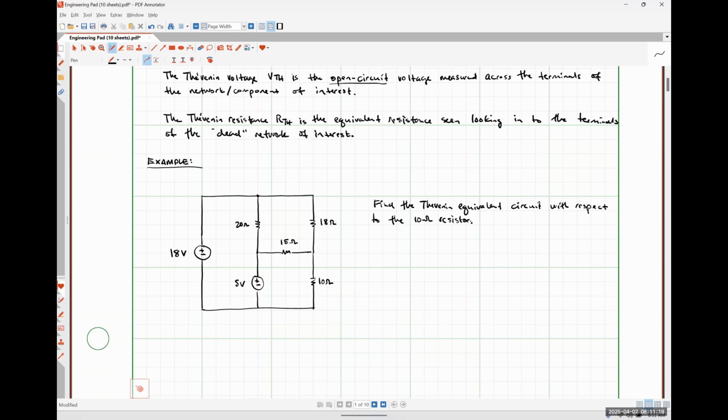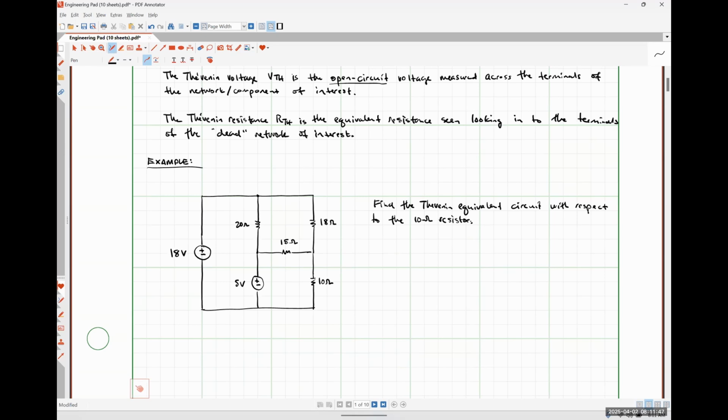So whenever we're finding the Thevenin equivalent with respect to a particular circuit element, we have to take that circuit element out of the network, and that's going to leave us the open circuit terminals that we're going to measure the voltage drop across, or we're going to look into to see the equivalent resistance. So essentially, we take that element out because we don't want its presence influencing the measurements we are doing, okay?